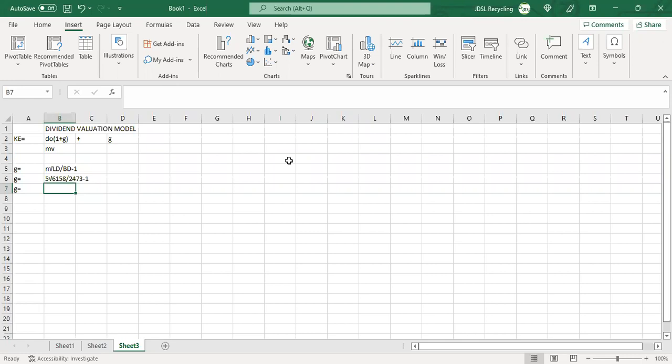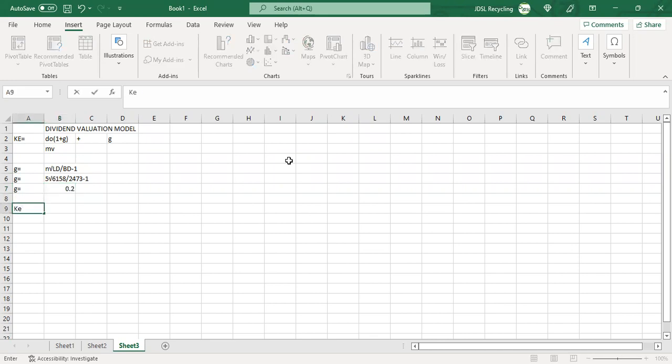And for those that are using the advanced calculator, you press 5, shift, raised to power sign, open your bracket, 6158 divided by 2473, close your bracket, enter. What is your answer? Then minus 1. That's 20%, 0.20. All right, thank you.